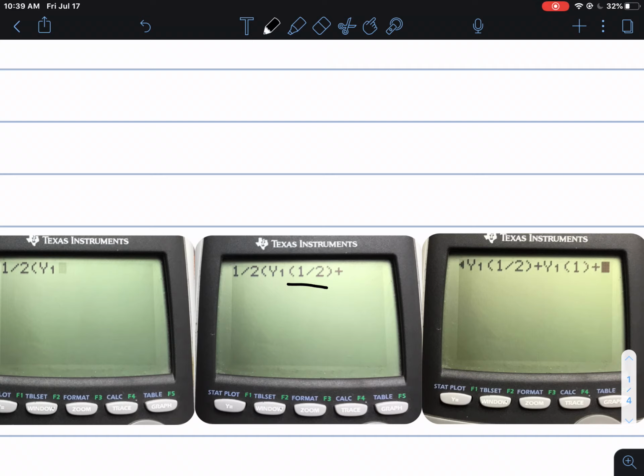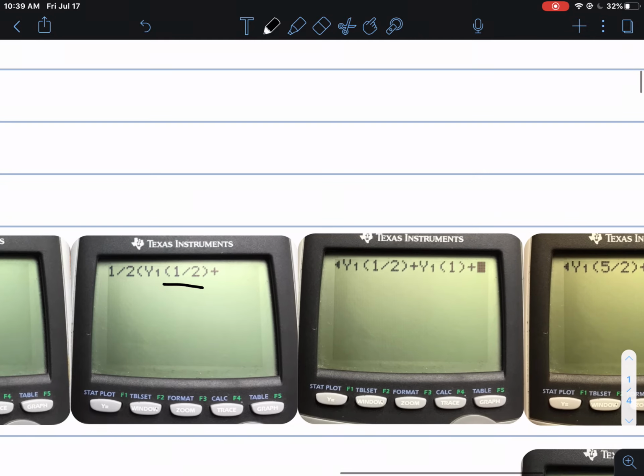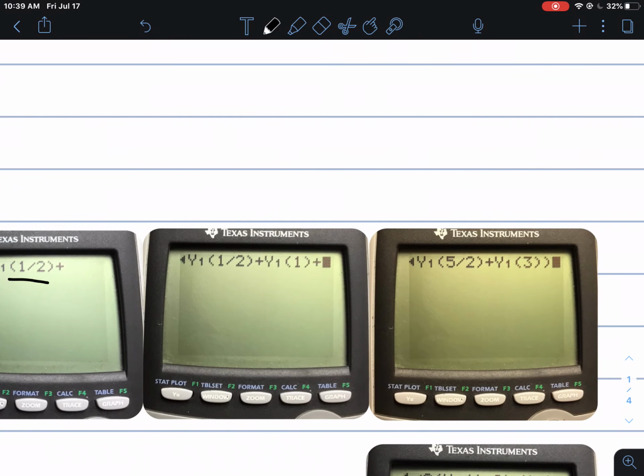Plus, and then from here, we're just going to repeat the process for each of our calculations. So that's our f of x sub 1 delta x times f of x sub 1 plus f of x sub 2. So just repeat the process. Vars, y vars. It'll bring you back to the home screen, and then put 1 in parentheses. Plus, and then repeat. Vars, y vars.